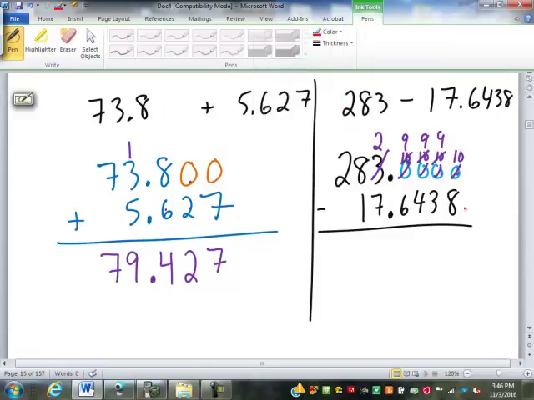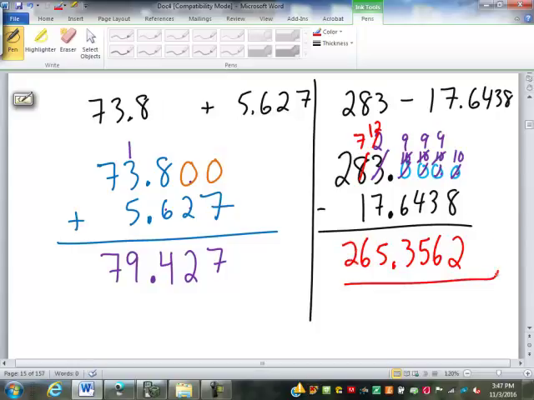So now we can subtract. 10 minus 8, 2. 9 minus 3, 6. 9 minus 4, it's 5. 9 minus 6, 3. Decimal point comes down. 2 minus 7. We got to borrow. It is 7 and 12. 12 minus 7, 5. 7 minus 1, 6 and 2. How many of you had that one?